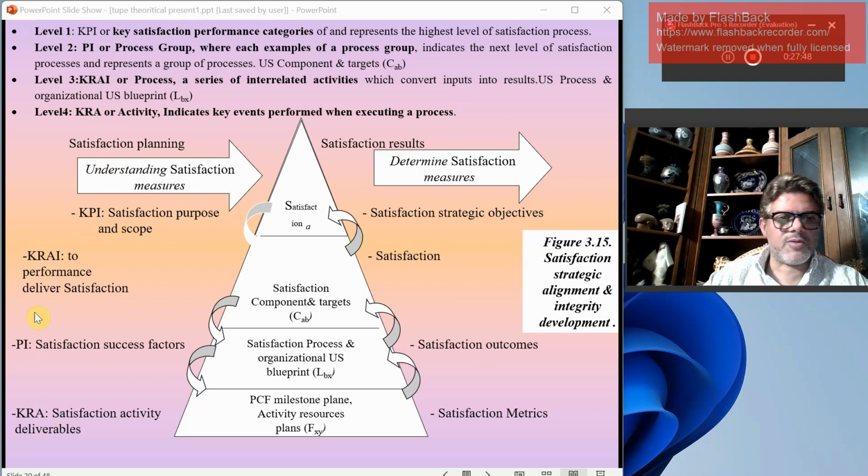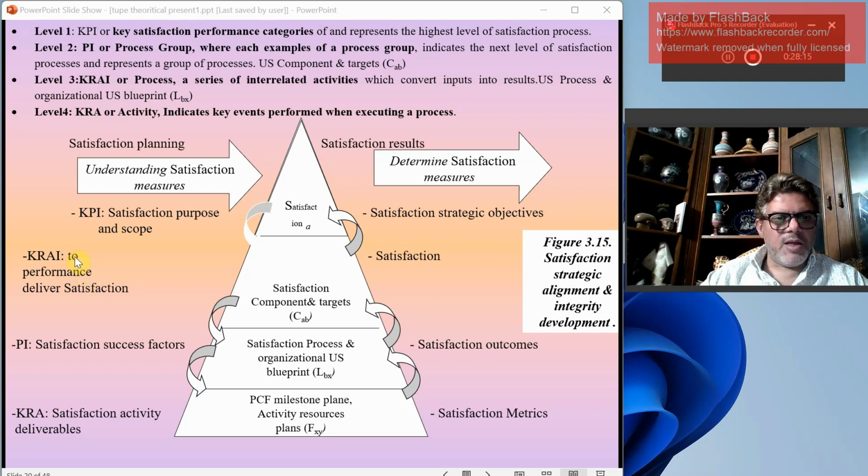Or you should say performance indicator to performance delivery satisfaction. So its semantic is to deliver satisfaction performance. So this is all a word mix-up. And I hope we're going to see it in the user satisfaction more clearly.